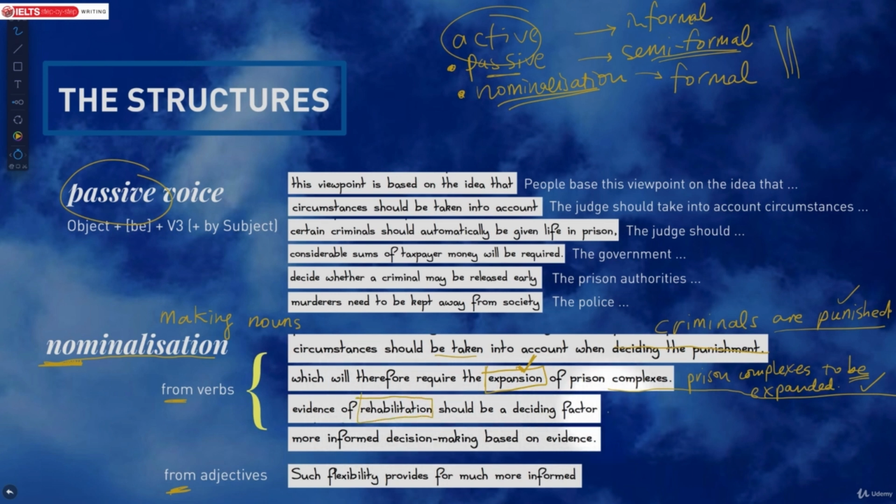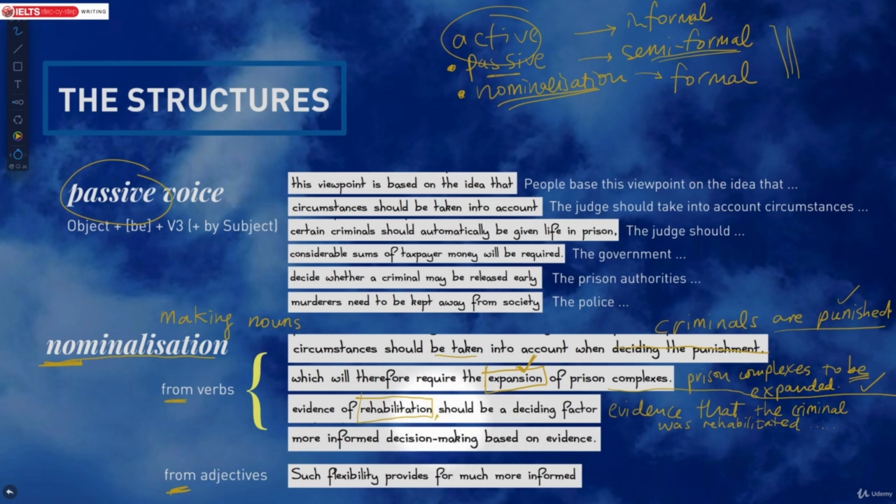If I was to use it as a verb, evidence that the criminal was rehabilitated should be a deciding factor.